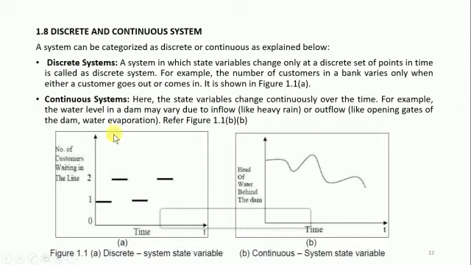So a discrete system, it will change. As you can see, we are having a time here. I can put 1 second, 2 seconds, and 10 seconds. And here I'm having number of customers waiting in a line. For example, let's use minutes: 5 minutes, 10 minutes, 15 minutes, 20 minutes.